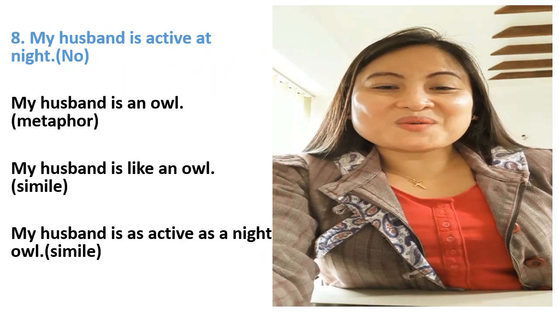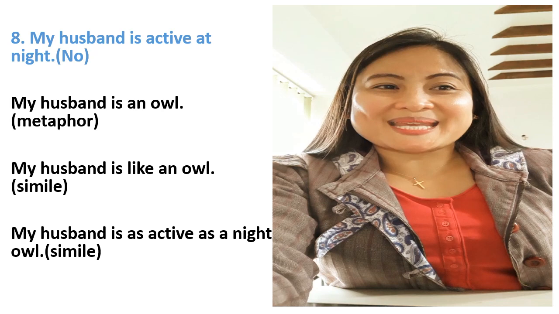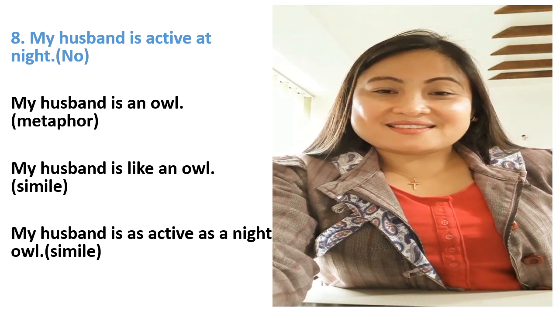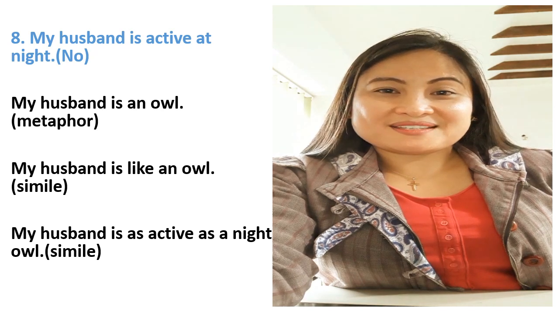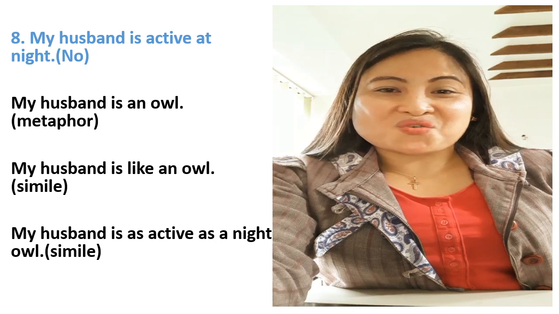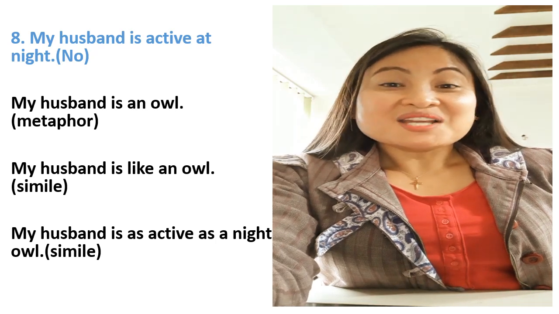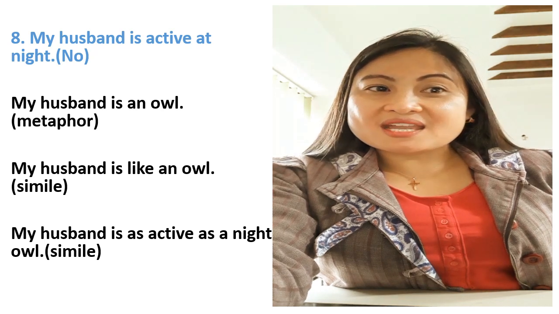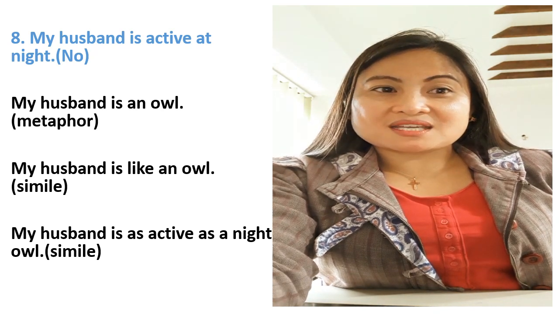And finally, we're going to have sentence number 8. My husband is active at night. Is this sentence figurative? The answer is no. This is just an ordinary sentence. To make this figurative, you have to think of a thing with the same characteristic as my husband.